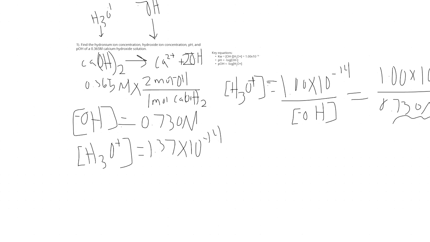We can do pH first because everyone loves pH. So pH equals negative log of 1.37 times 10 to the negative 14. I apologize for my handwriting.